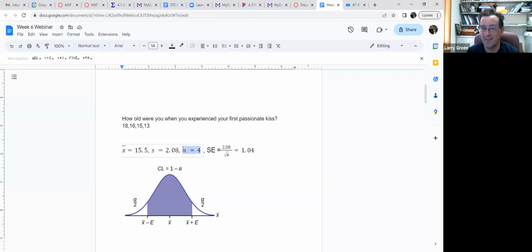Here's a hint. It's not about even and odd numbers. Something about the number, but it's not about even. Remember? Central limit theorem.